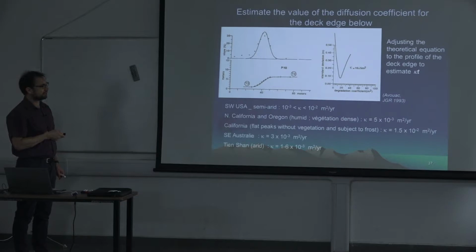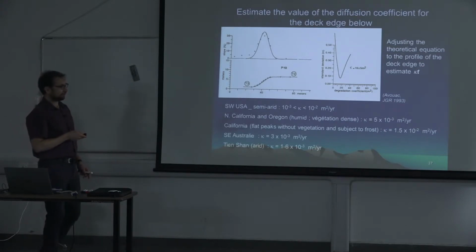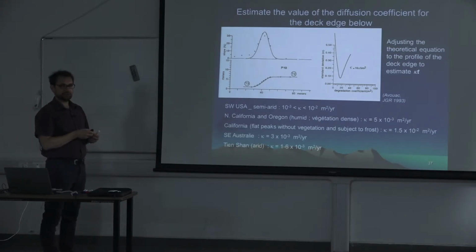If the material of your terrace is really loose alluvial material, the initial slope is only governed by the friction angle, and you can consider that the initial angle of your riser was around 35 to 40 degrees. If your material has some cohesion, maybe you can have a slightly steeper riser.